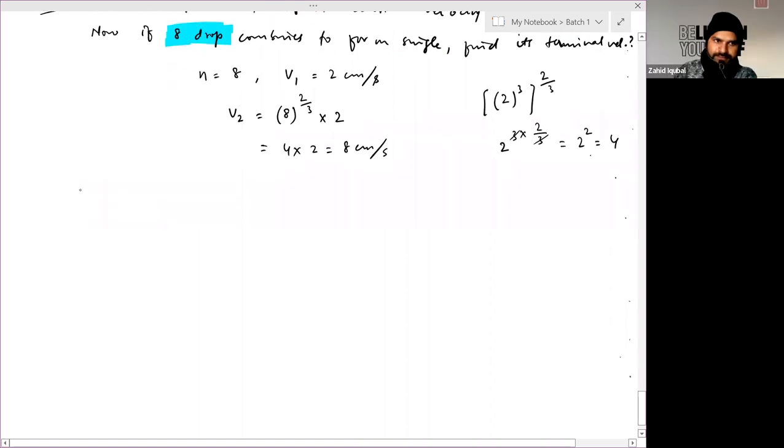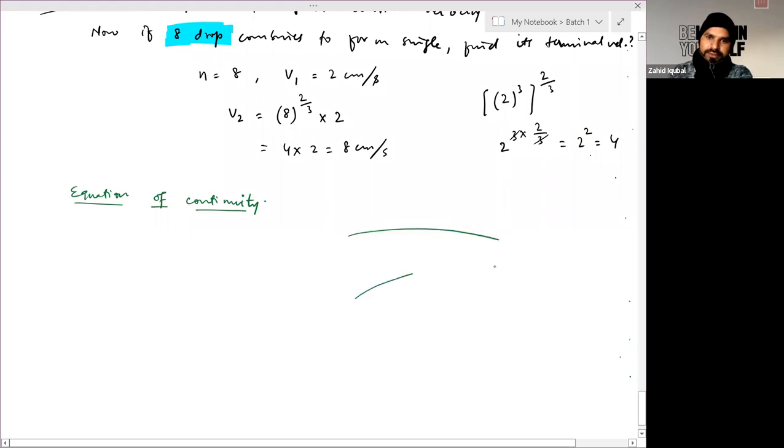Next is equation of continuity. Suppose you have a tube of different cross-section area.